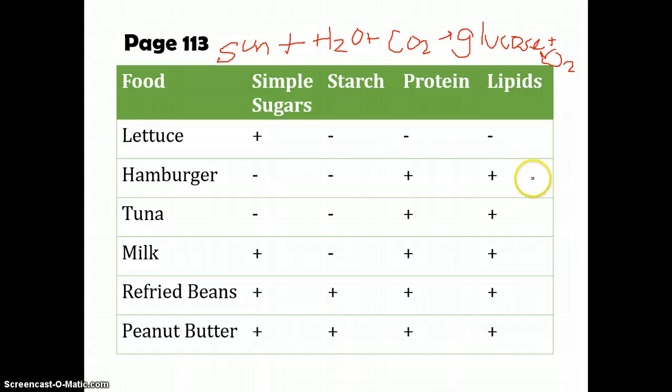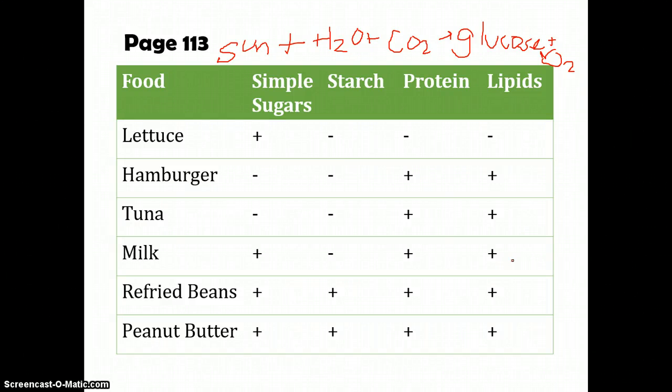Looking at these 5 foods that have lipids, hamburger and tuna are not used as a food source. Refried beans and peanut butter are used as a food source for embryos, but for plant embryos, not for young animals. So the answer to this question would be milk. That milk is specifically designed for young animals.